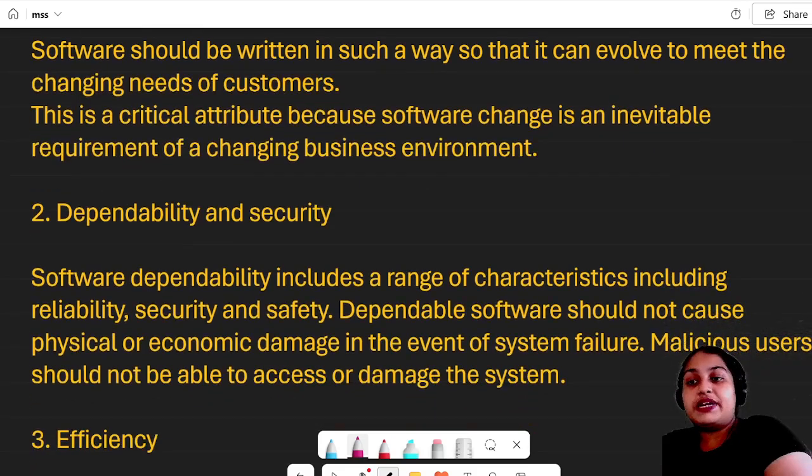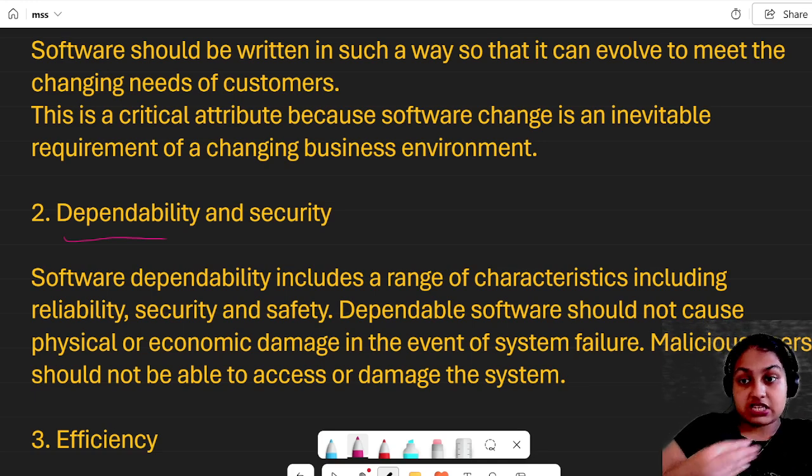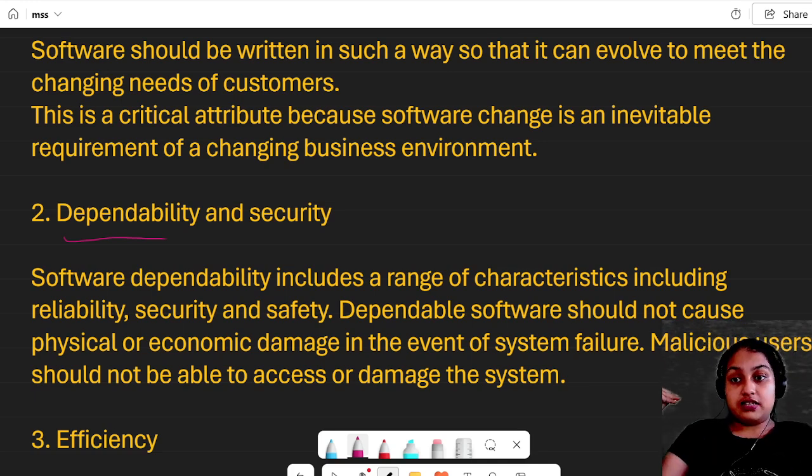Second one is dependability. Software dependability includes a range of characteristics. The customer should be able to depend on the software, and there are a lot of characteristics like reliability, security, safety and all.